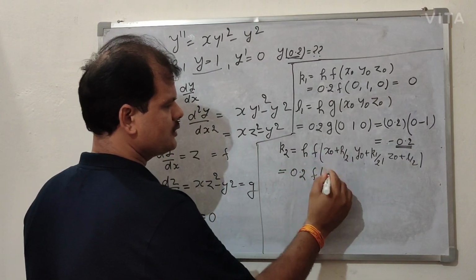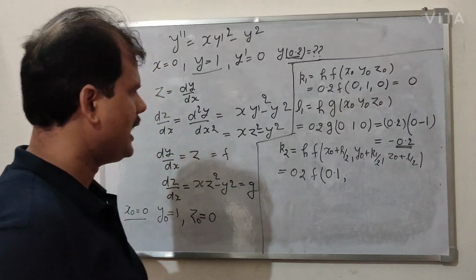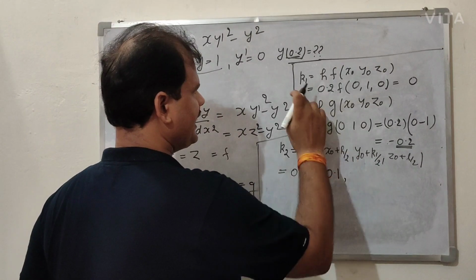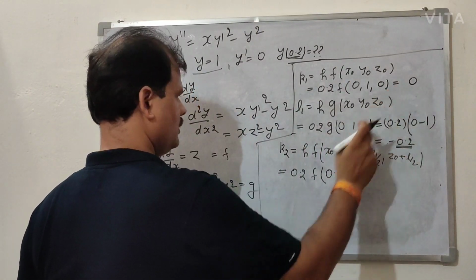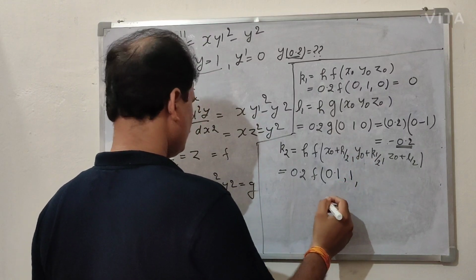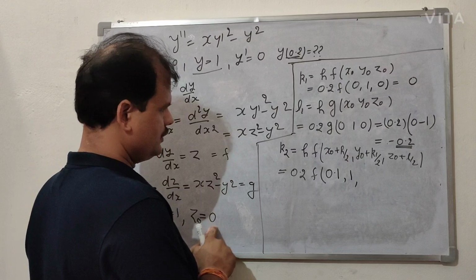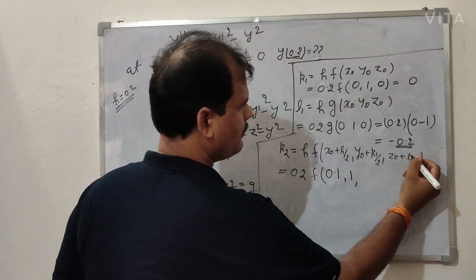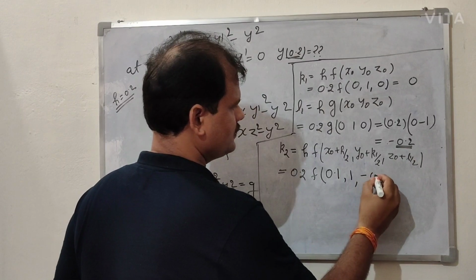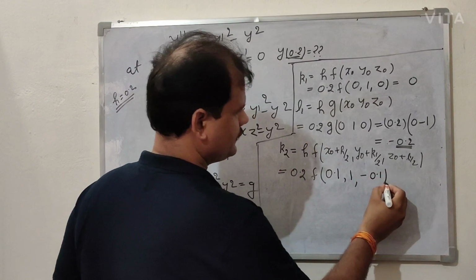So 0 plus 0.1 means 0.1, and y0 equal to 1. So 1 plus k1 by 2 equal to 0, so we get 1 here because k1 is 0, and z0 equal to 0 plus L1 by 2, so we get minus 0.1.